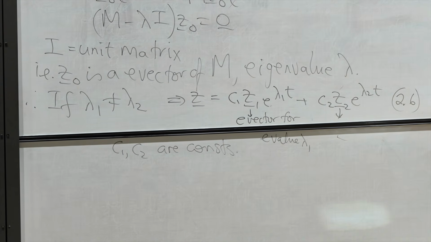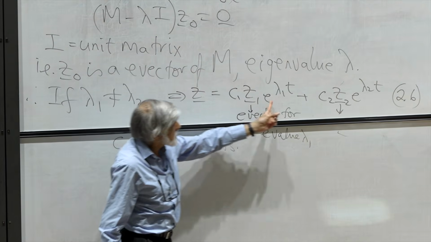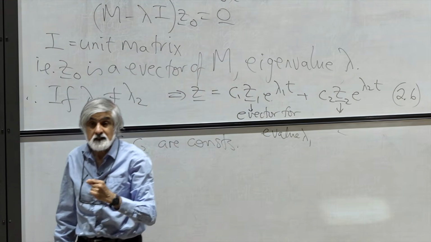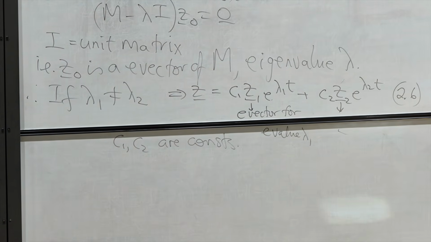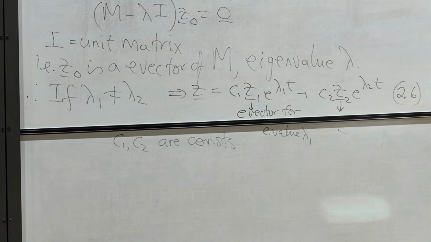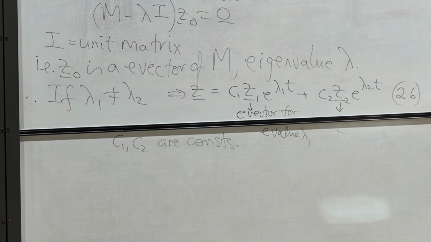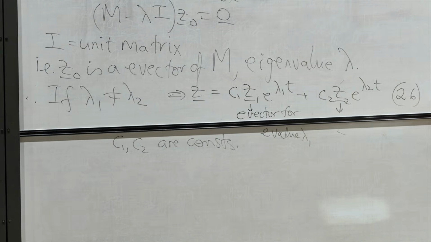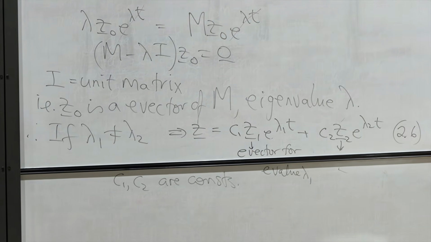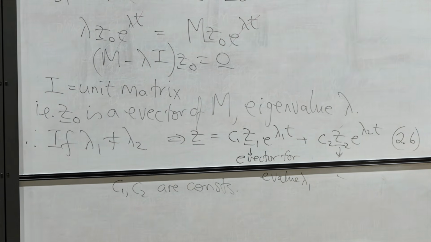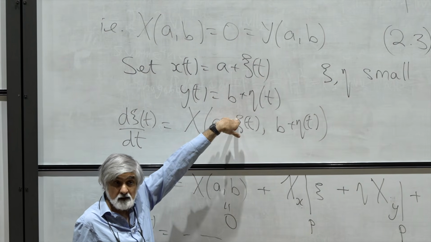So now you can see if these lambdas were positive or had positive real part, then z would grow, which means xi eta would grow, which means we move away from AB, so AB is unstable.